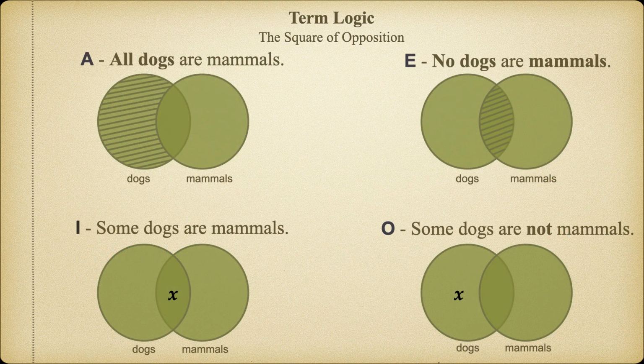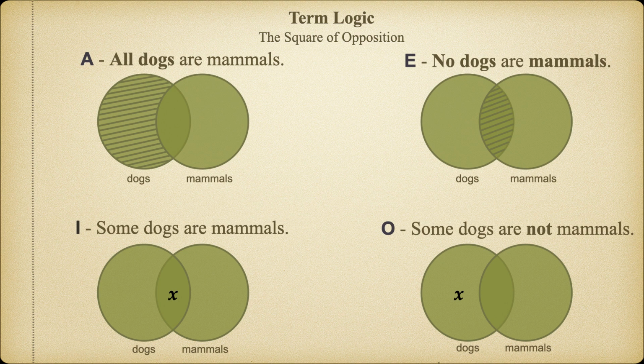Now, looking at our four categorical propositions, we see that there are a lot of ways that we can organize them. But given that there are only four of them, putting them in the form of a square seems aesthetically appealing. But as it turns out, there are other benefits from putting our categorical propositions in a square.